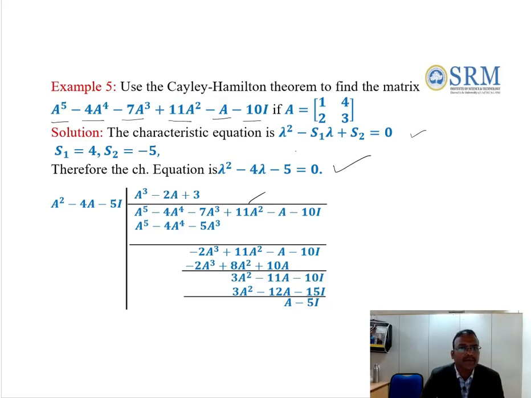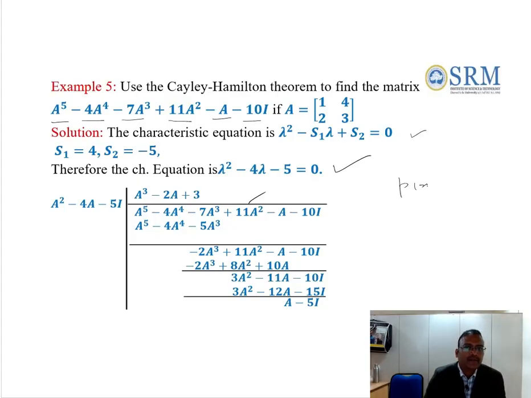Okay, now we have to evaluate the matrix associated with this matrix equation. For this, the simple technique is to divide the given matrix polynomial by the characteristic polynomial, which gives a remainder as well as the quotient. Any polynomial can be written in this form.